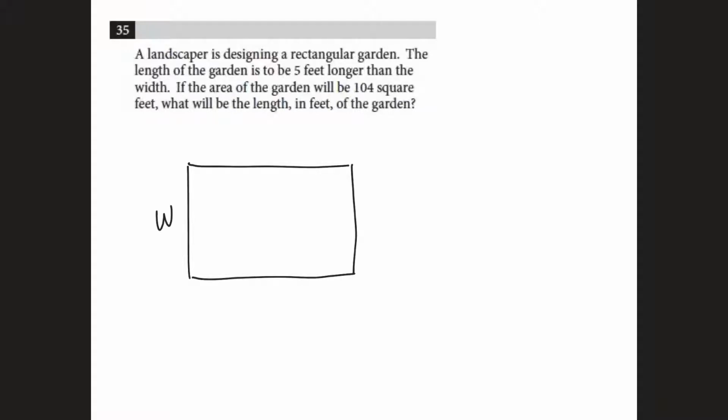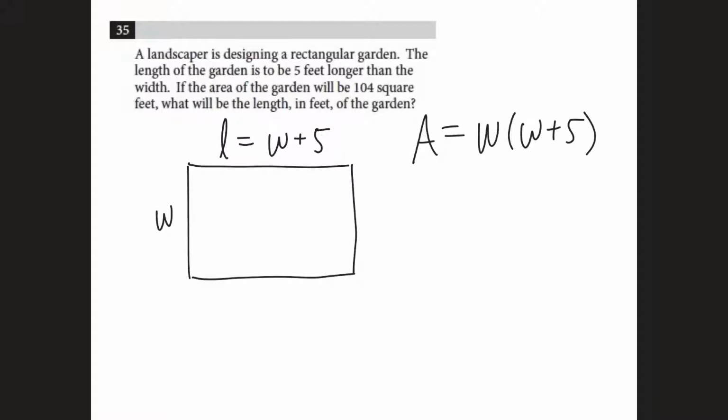So let's say the width is here, and the length is going to be the width plus 5. So the area of this garden is going to be length times width. That's going to be W times W plus 5.